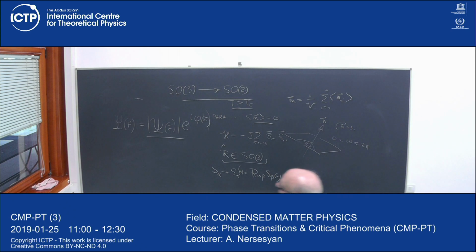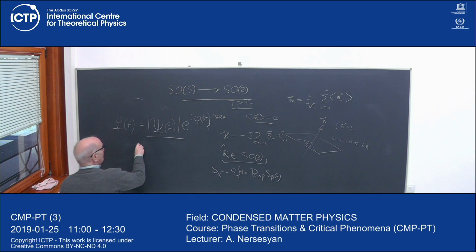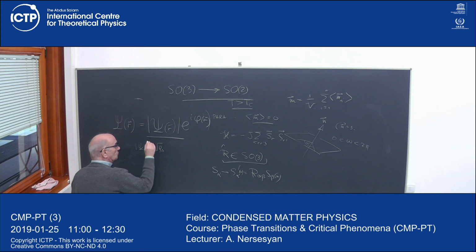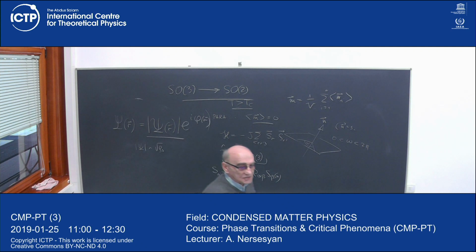The reason is that what is written here is proportional to the square root of the so-called superfluid density. So not all electrons or not all the atoms in liquid helium undergo a transition. It happens like a Bose condensation. You will also learn in detail what that is. Part of the particles go to the condensate, but not all of them. All of them may not be present in the condensate, even at zero temperature, due to the interactions.